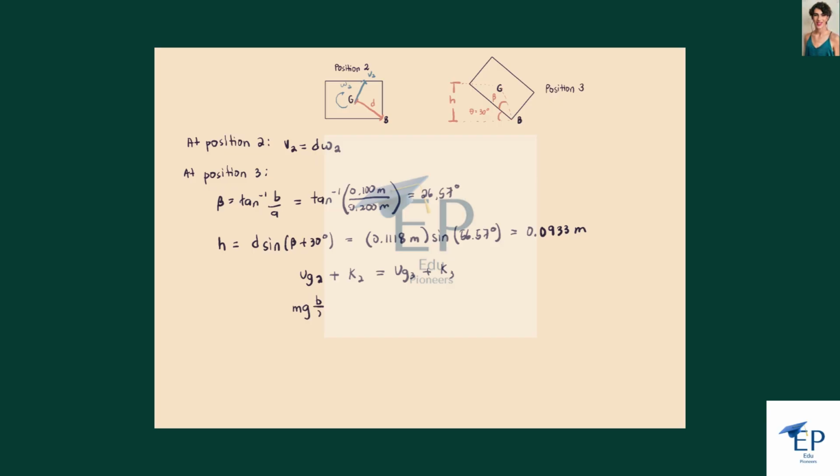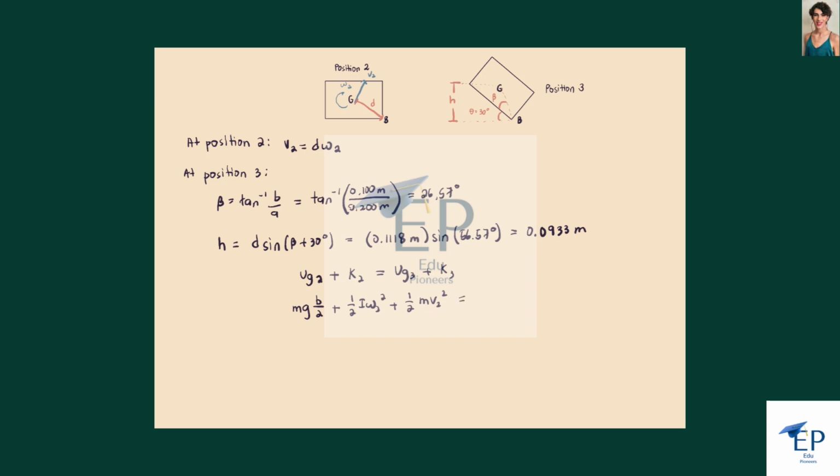For the kinetic energy, since it's rotating at an angular velocity omega 2 and the center of mass is moving at velocity v2, the kinetic energy at position 2 is 1/2 I omega 2 squared plus 1/2 mv2 squared.